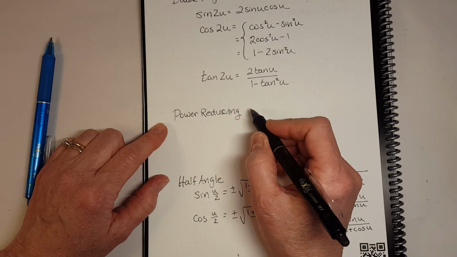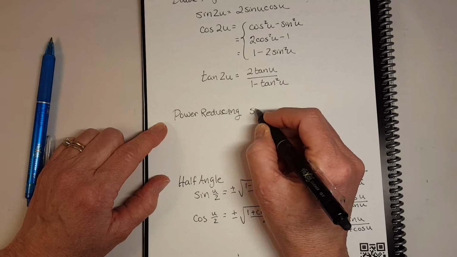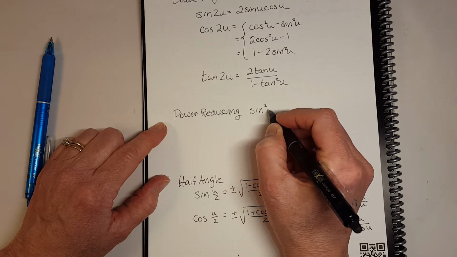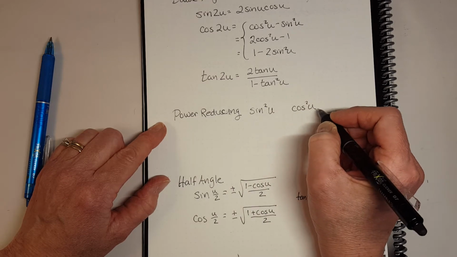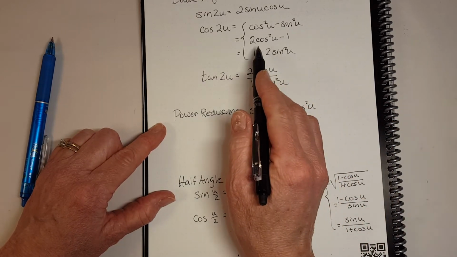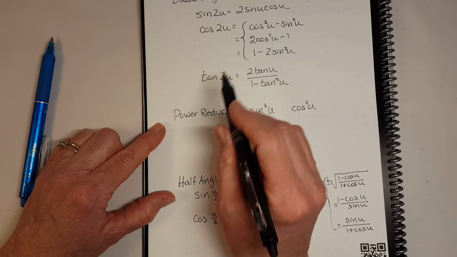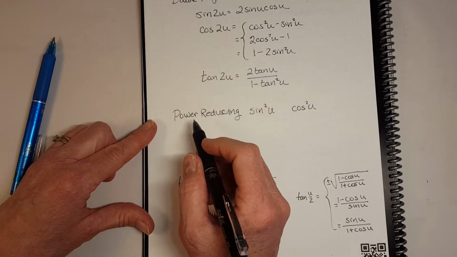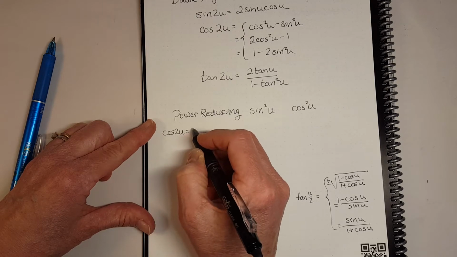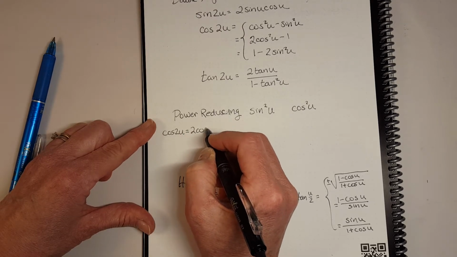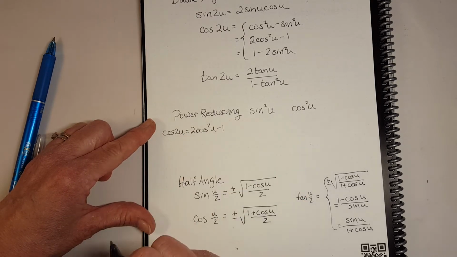Now the power reducing identities are pretty quick to figure out. Essentially, if you have something squared, like sine squared or cosine squared, and you want to get rid of the squared part, we can use one of these identities backwards. So for example, I'm going to take the 2 cosine squared u one. Cosine of 2u is equal to 2 cosine squared u minus 1.